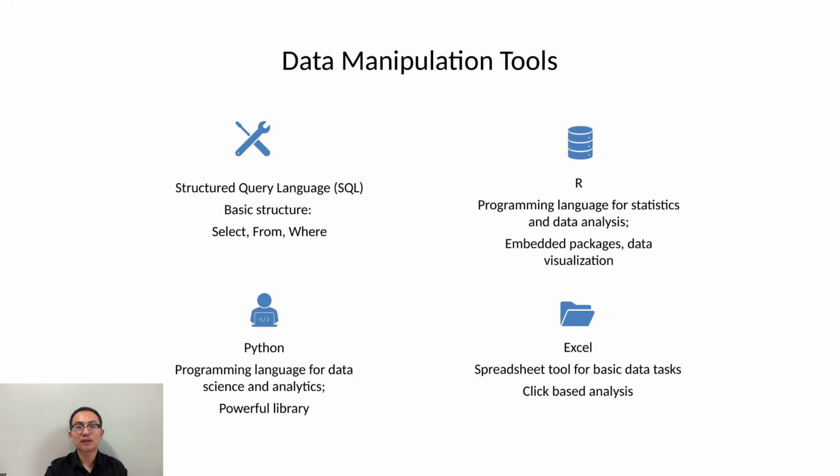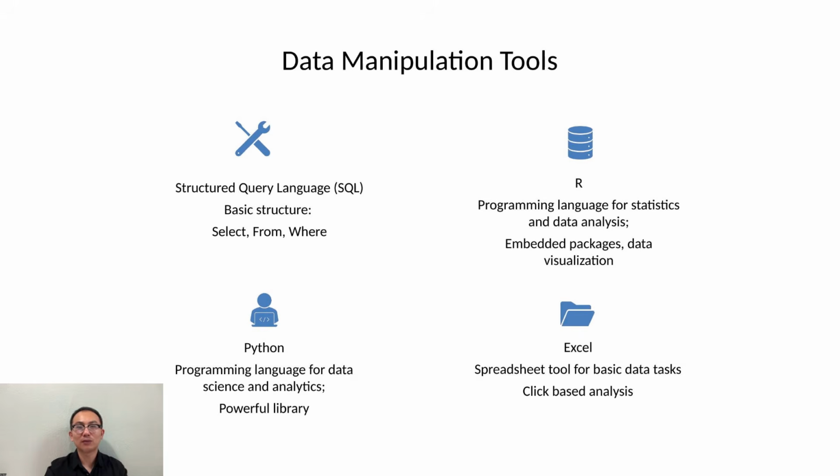Next is R. R is designed for statistical computing and is popular in research and academia. It's great for data wrangling and analysis, especially with packages like dplyr and tidyverse. R works well with data frames and has excellent tools for visualization and modeling. Python is a general-purpose language, but it's also one of the most popular tools for data science.